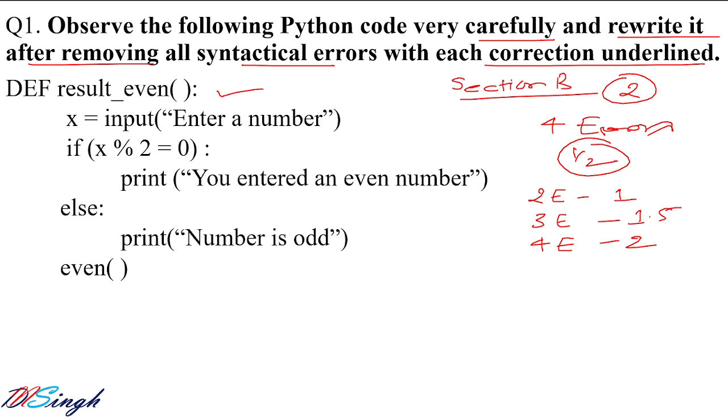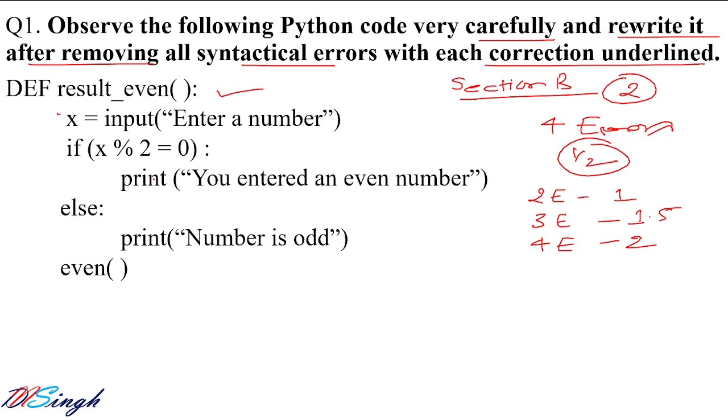We know that the return type of the input function is a string, so we cannot apply the modulus operator on a string. That's why we need to convert the return value of the input function into an integer, so that our x will be an integer. So another error is present here.